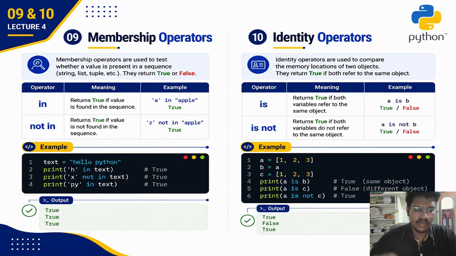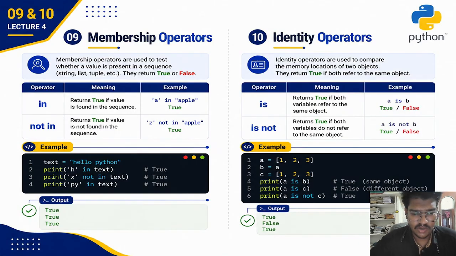Therefore, A equal to B is true because the values are the same, and A is B is false because the memory addresses are different. A is C is true because they share the same memory address.